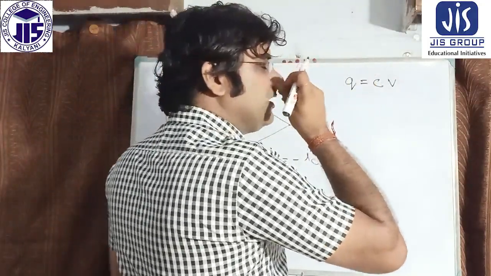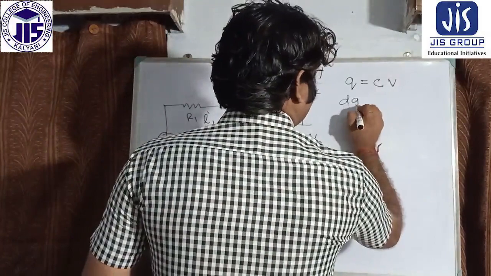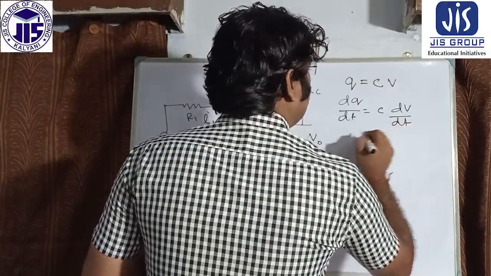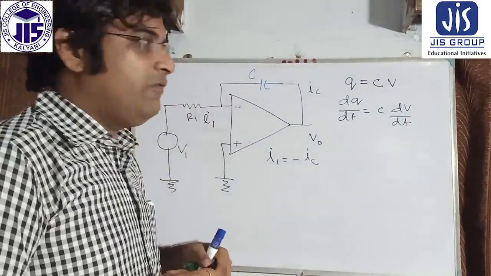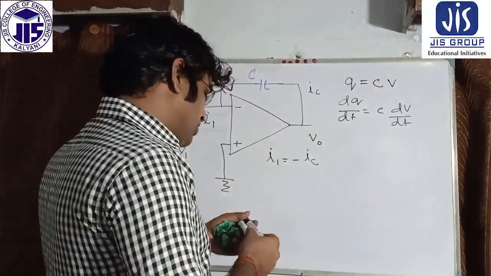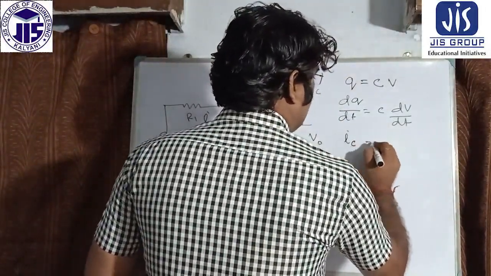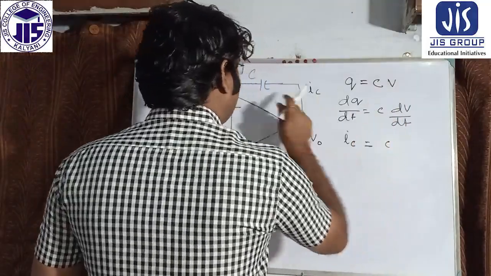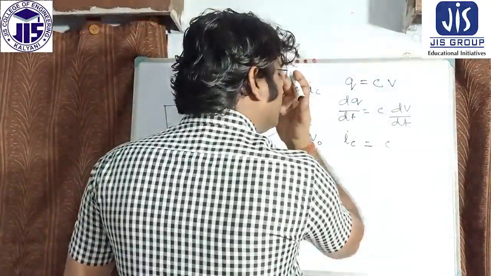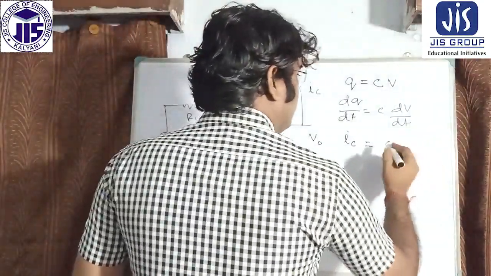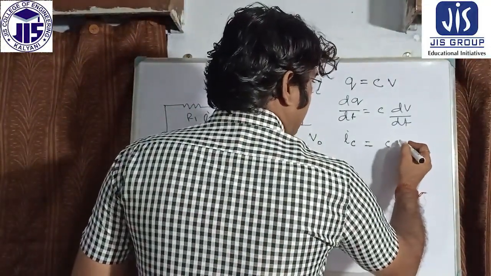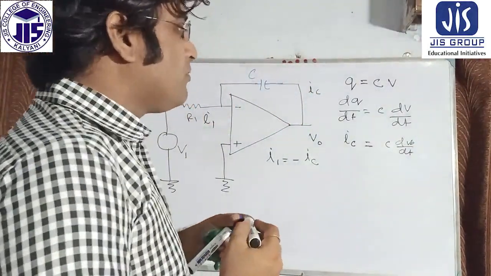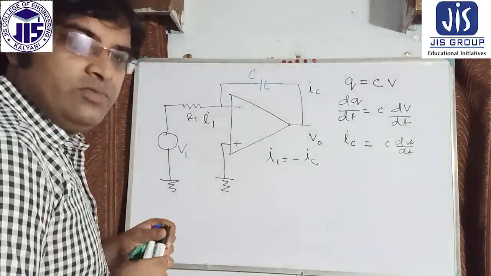From the capacitance equation we can write dq/dt equals C dV/dt. I differentiate it to get the current, and dq/dt is nothing but IC. Here V is the voltage across this capacitance, which we can write as V0, so IC equals C dV0/dt.